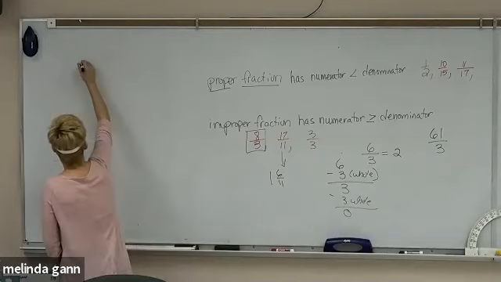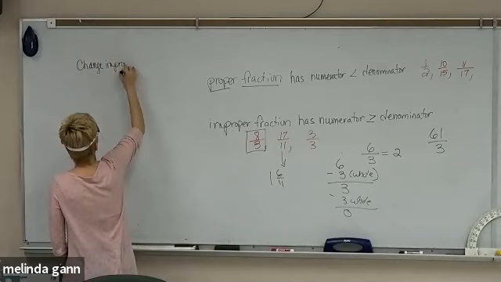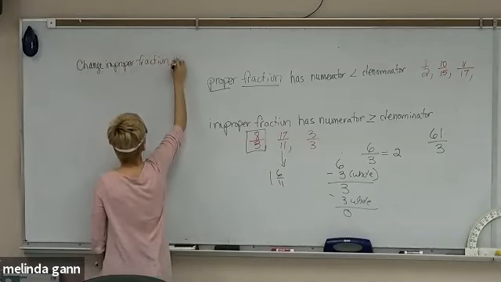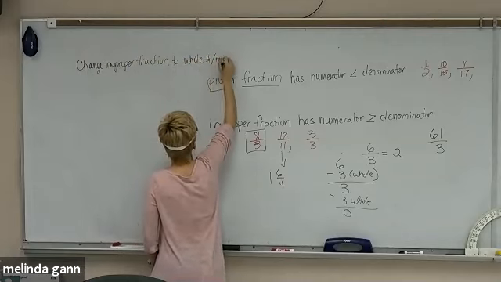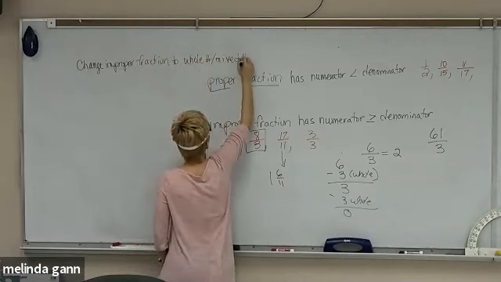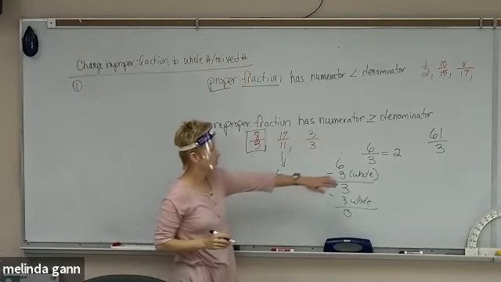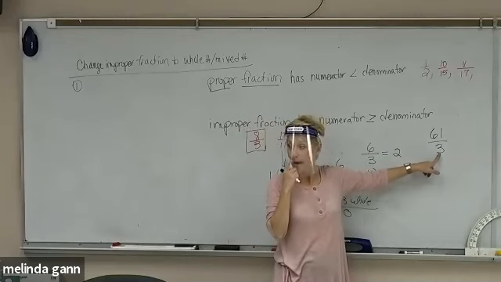So do you understand, if you want to change an improper fraction to a whole number or a mixed number, what's step 1 going to be? Would not be subtracting 3's a bunch of times.